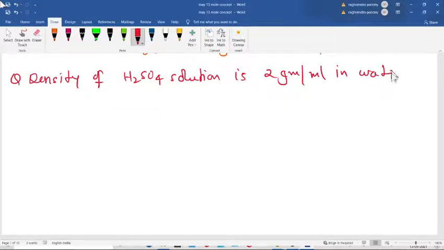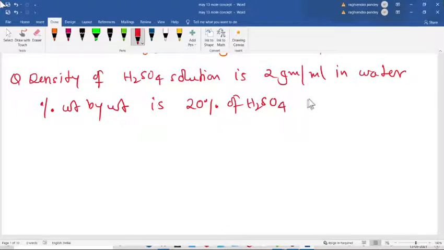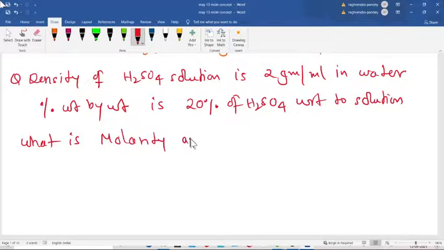The percentage weight by weight is 20% of H2SO4 with respect to solution. What is the molarity and molality?